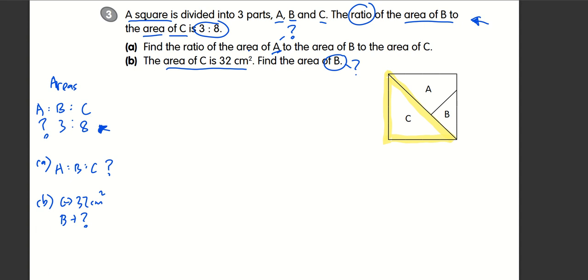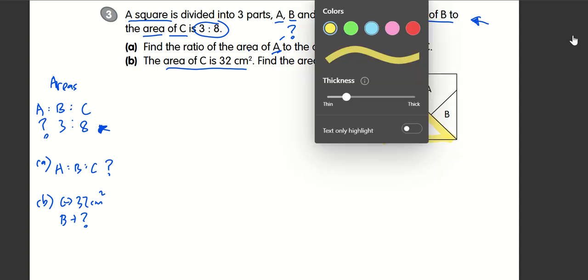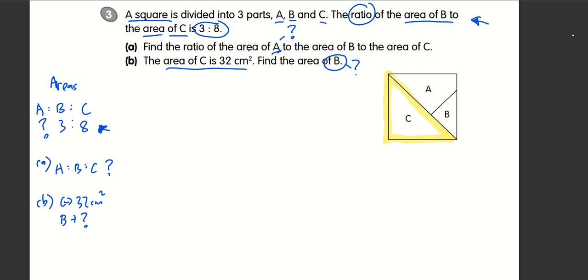And if you are able to see that C is a triangle and is half of the square, and A and B together they make the other half of the square, you'll be able to see that if I put A and B together, I should get C, because they are halves of the same square. So in other words, I can find A proportionally in terms of parts.